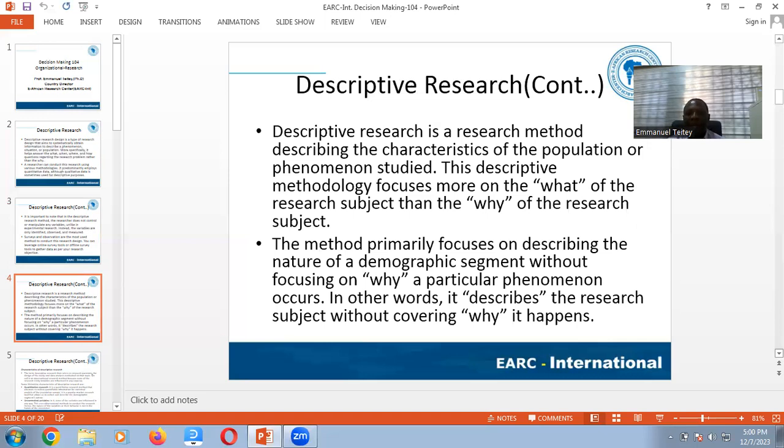The method primarily focuses on describing the nature of the demographic segment without focusing on why a particular phenomenon occurs. In other words, it describes the research subject without covering why it happens.